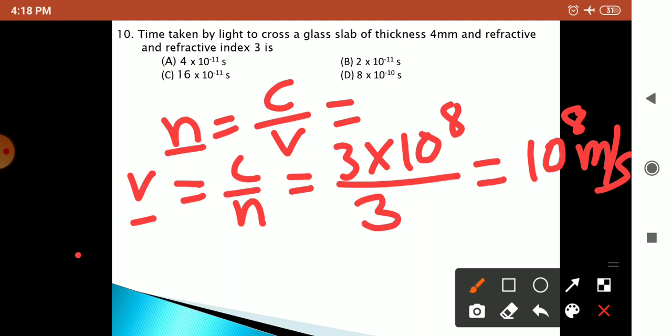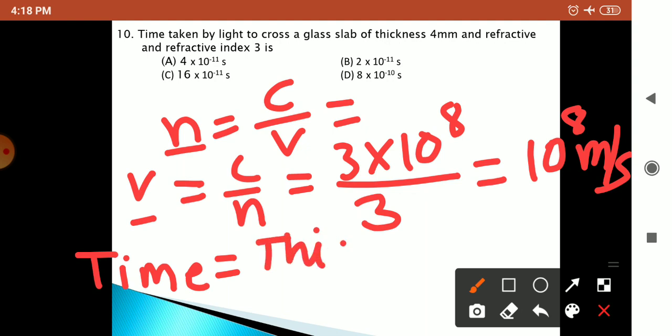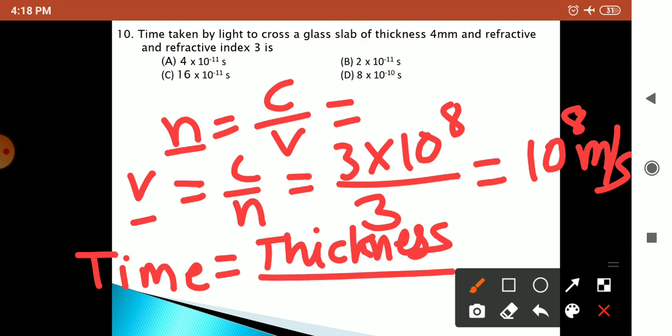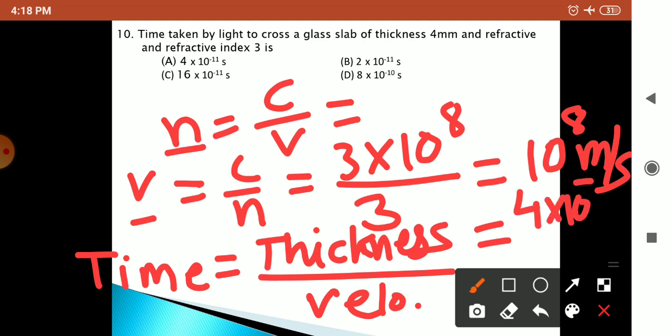Then time taken by that light is given by thickness of that slab upon velocity of light in glass, which is equal to thickness which we are having, 4 into 10 raised to minus 3, that is in mm, convert it into meter.